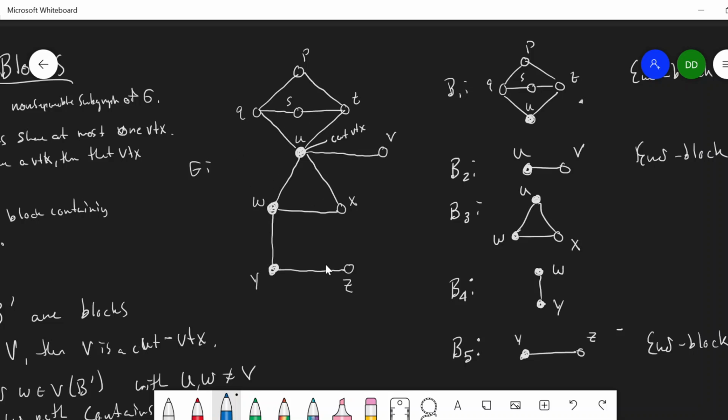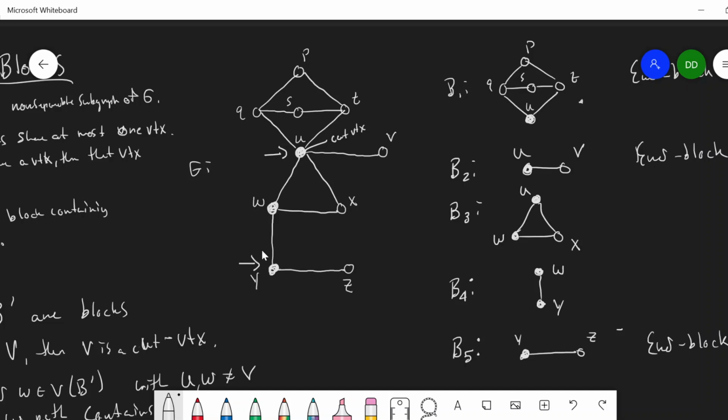I'd like to do something similar, only I'm not going to look at a longest path. Rather, I'm going to look at the collection of all the cut vertices, and I'm going to find a pair of cut vertices whose distance is maximum. So in this graph, it would be U and Y. Their distance is maximum over all pairs of cut vertices. So this is the analogy of finding a longest path.